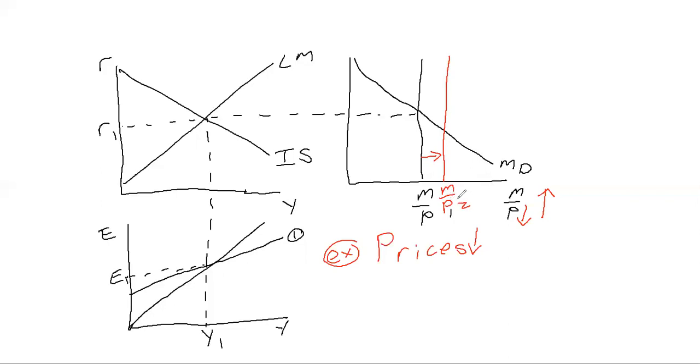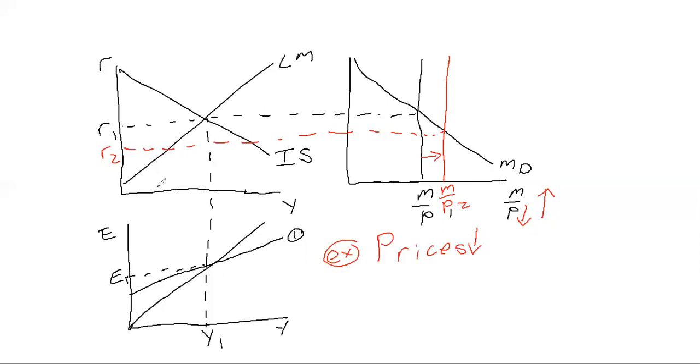Now remember, this is the real money supply, and this is an exogenous price shock. The next thing we're going to see is that since we have a change in the equilibrium, where R is decreased, we're going to look at the LM curve. So we have a shift to the right in the money supply.